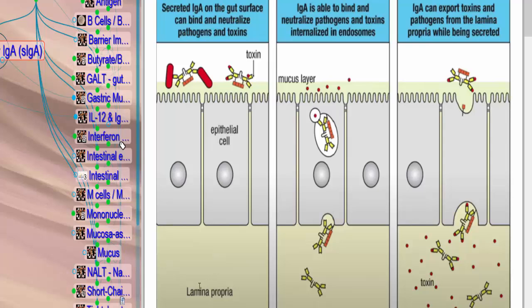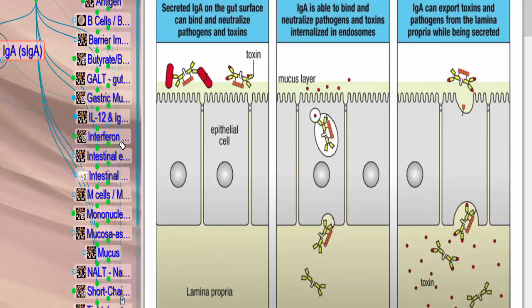So it's released into the lamina propria, and it can travel up to the surface mucosal layer. And once it's up there, it can bind onto pathogens. We see here two pathogens. Each arm of that IgA is grabbed onto one of those.